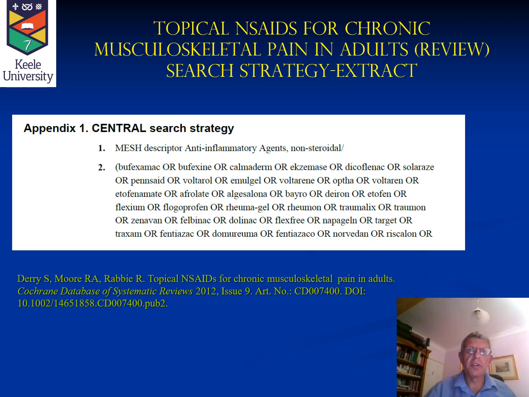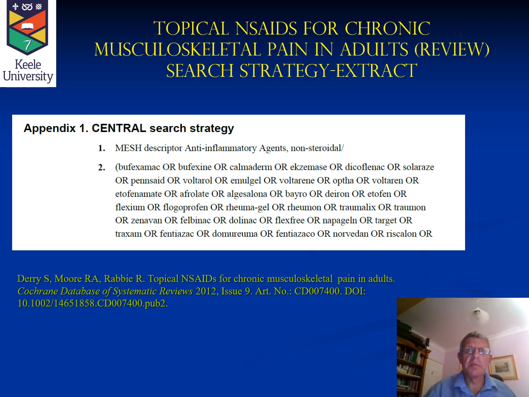Search methods for identification of studies. There were electronic searches, and they list the various databases with the time periods that were used. They state that there were no language restrictions. They also looked at other resources. They searched reference lists of review articles and included studies and in-house databases of older studies.